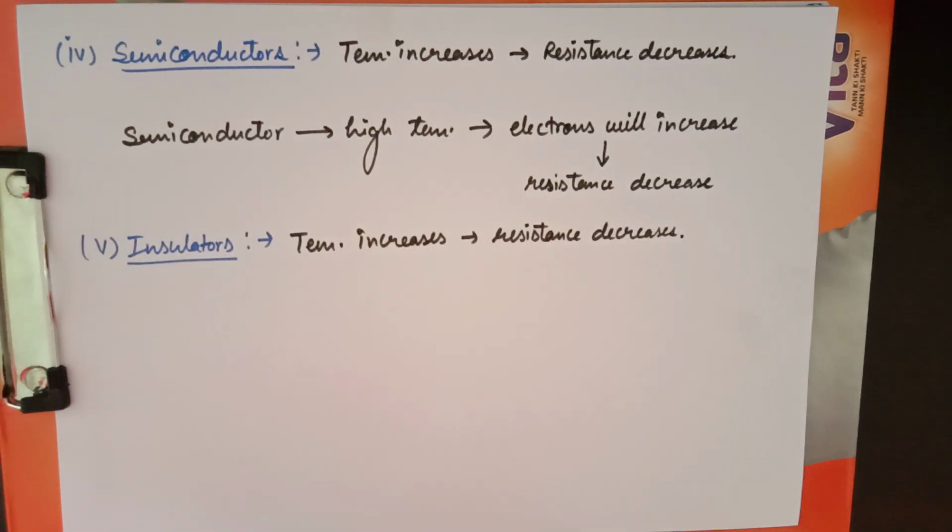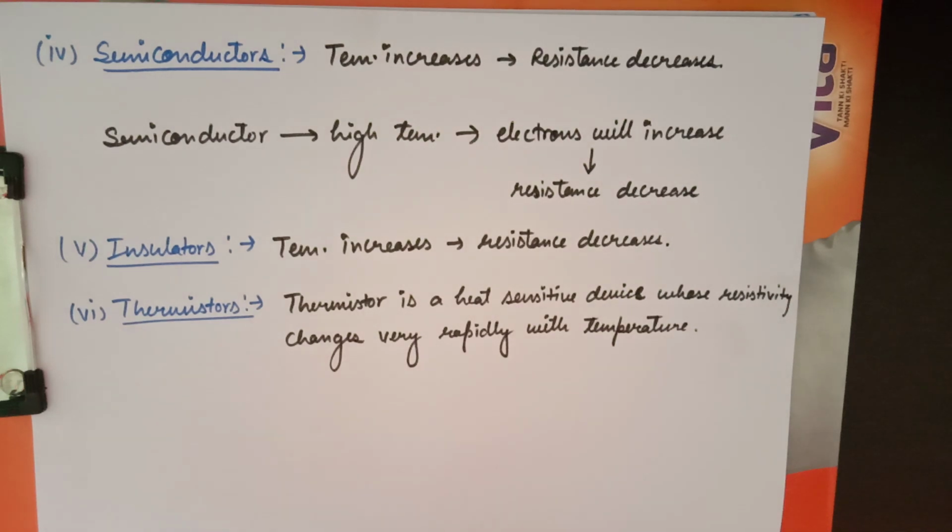Similar is the case of insulators. If we increase temperature, electrons will eject out of the atom and it will lead to current, or we can say resistance will decrease. But it is not true in practice, because as insulator does not conduct electricity, if we increase temperature, it burns out. Next is thermistors.